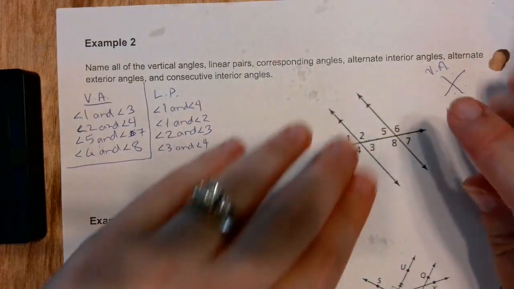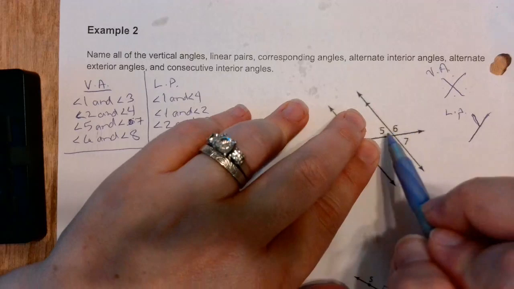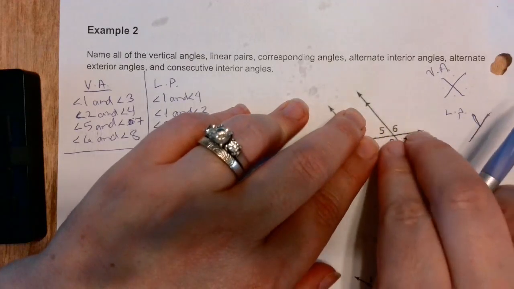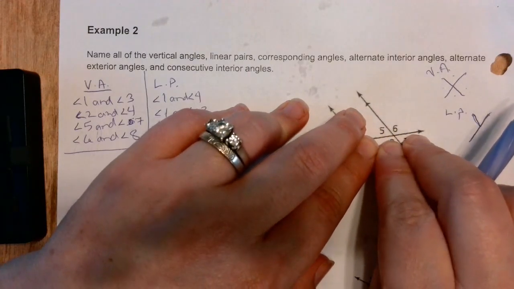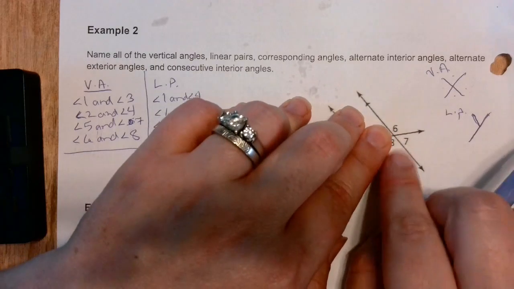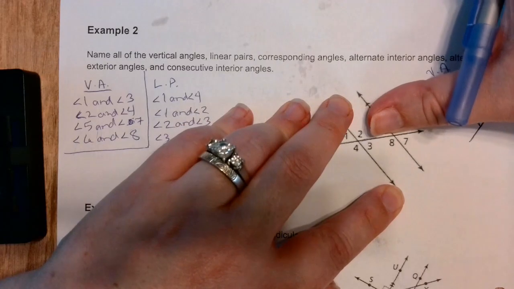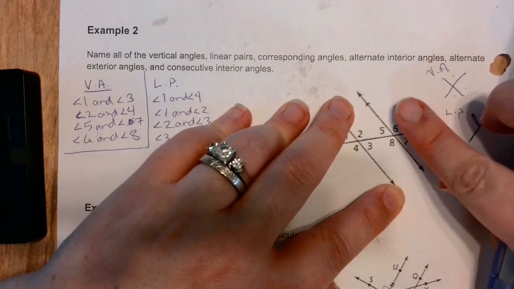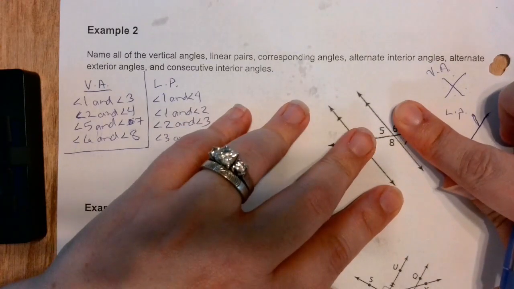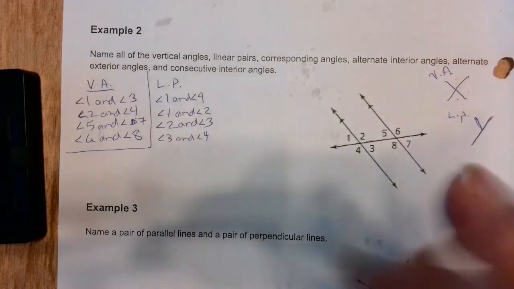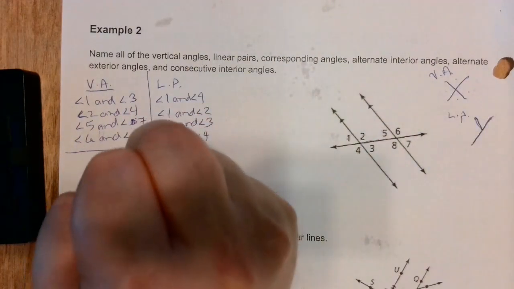But then, same thing over here. 5 makes a straight line with 6. 6 makes a straight line with 7. 7 makes a straight line with 8. And 8 makes a straight line with 5. So angle 5 and angle 6.